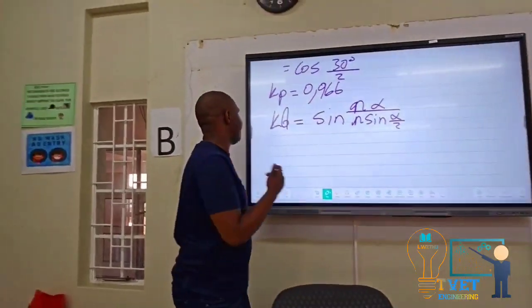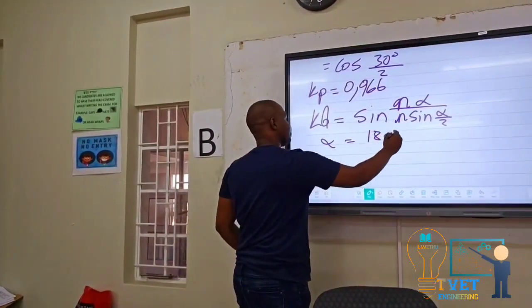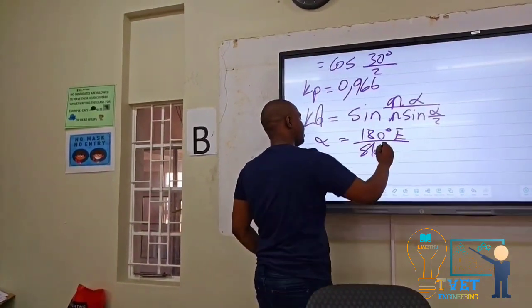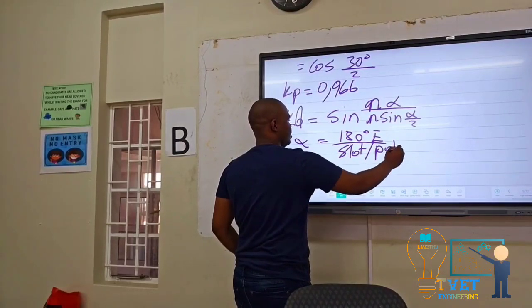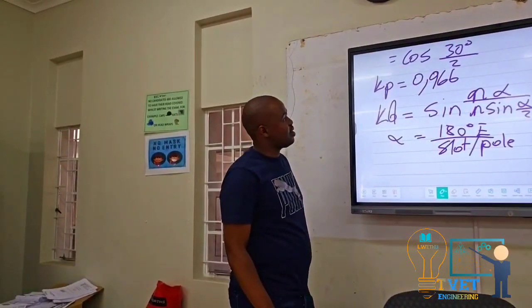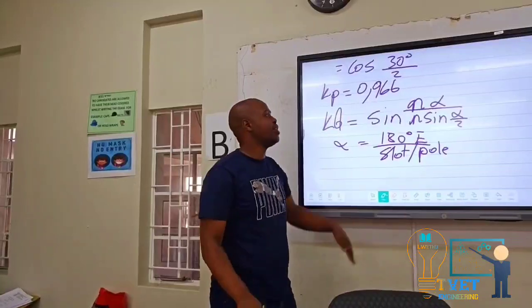How do we find alpha? 180 electrical degrees over slots per pole. How do I get the slots per pole?